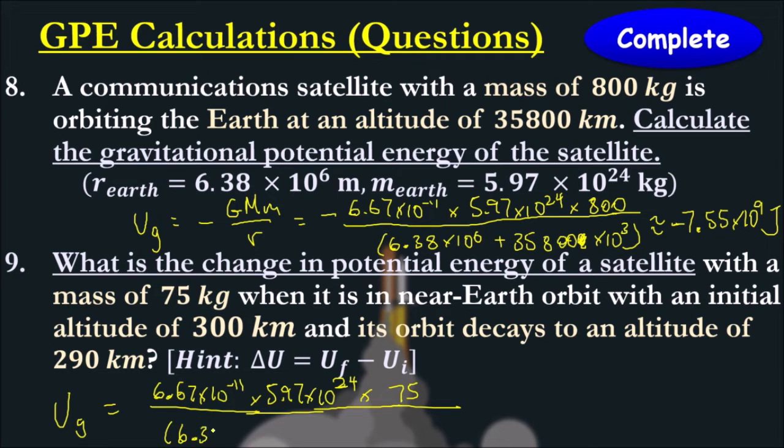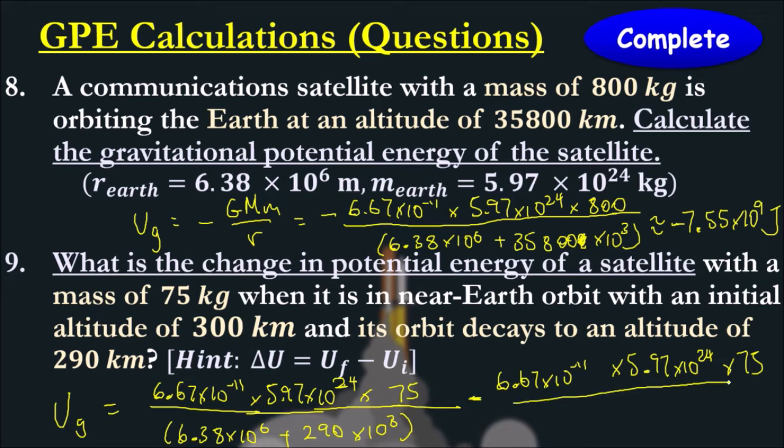We have the radius of Earth plus an altitude that goes down to 290 kilometers, convert that into meters, subtract that by essentially the same values we're dealing with here, but with the initial altitude.